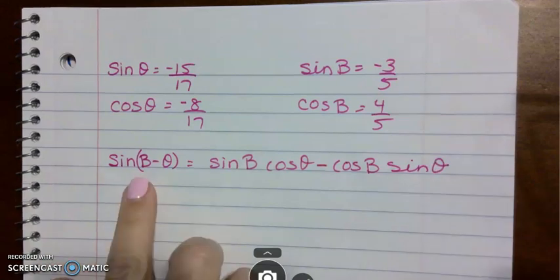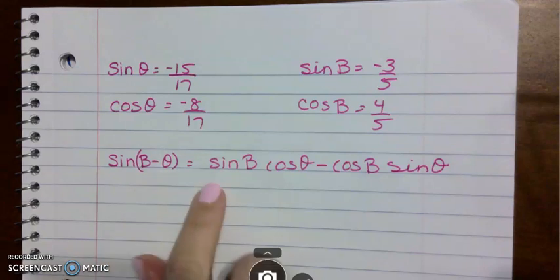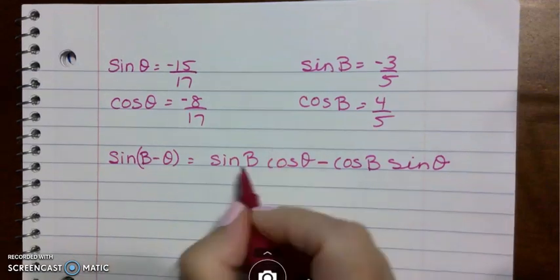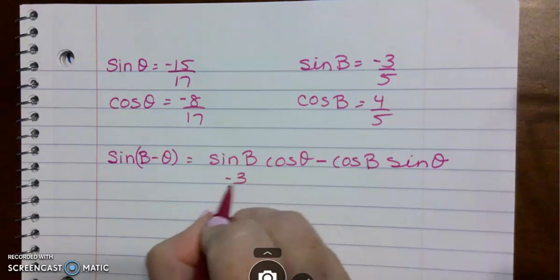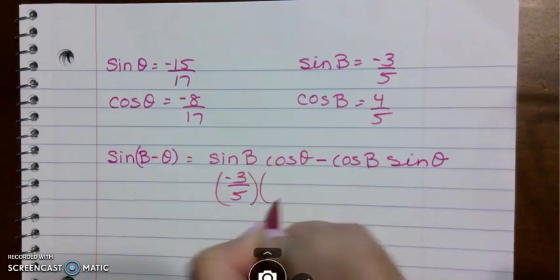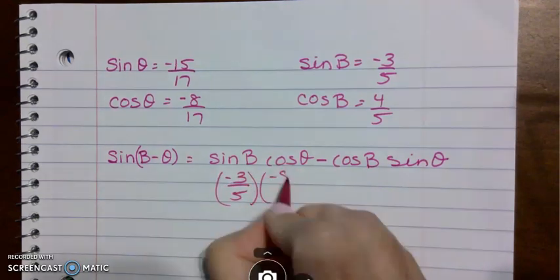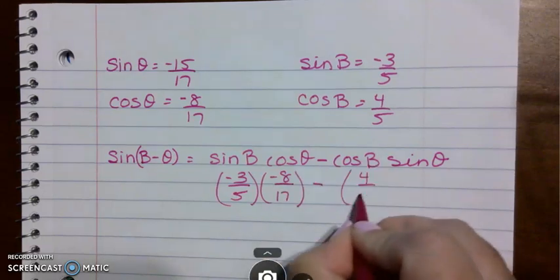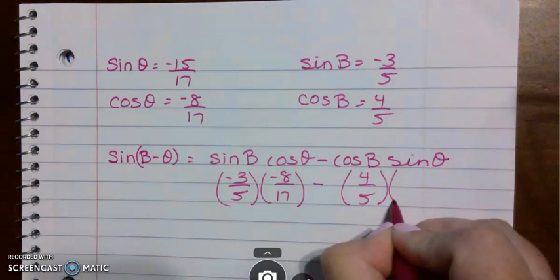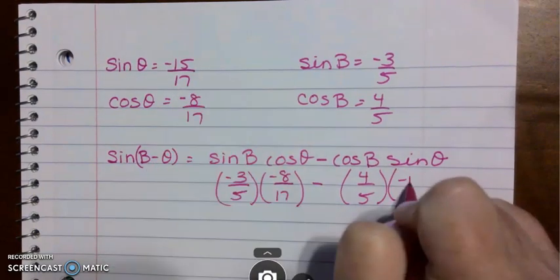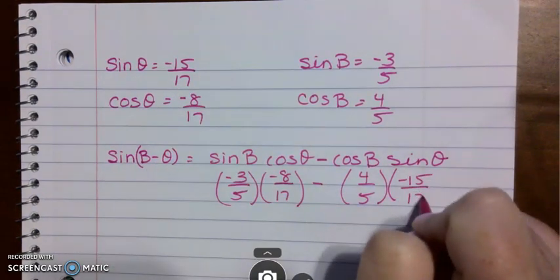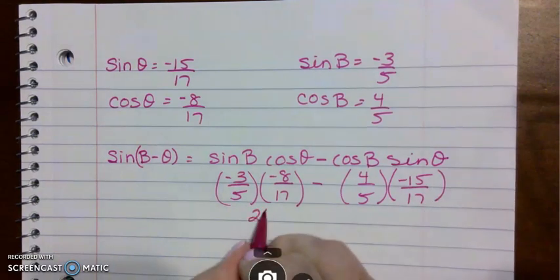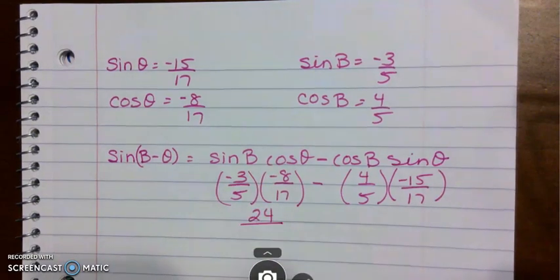This is the first time we've seen something written backwards, so this step is going to be very crucial. Sine B is negative 3 over 5, cosine theta is negative 8 over 17, cosine B is 4 over 5, and sine theta is negative 15 over 17.